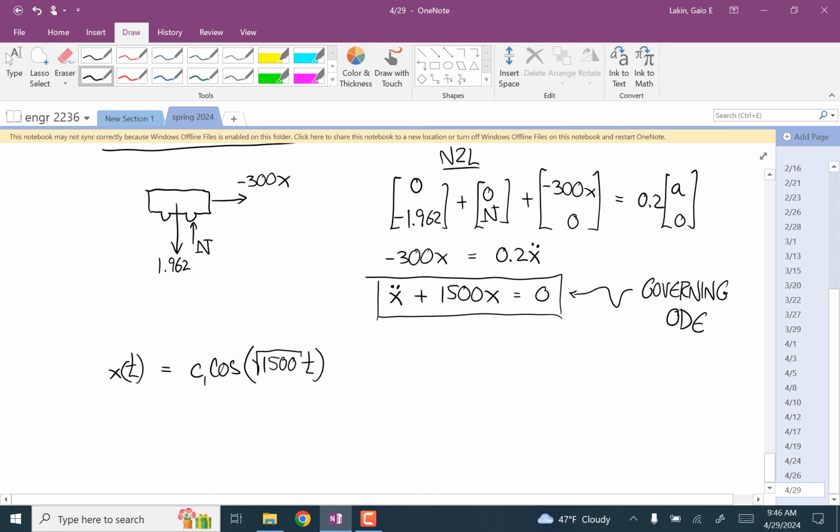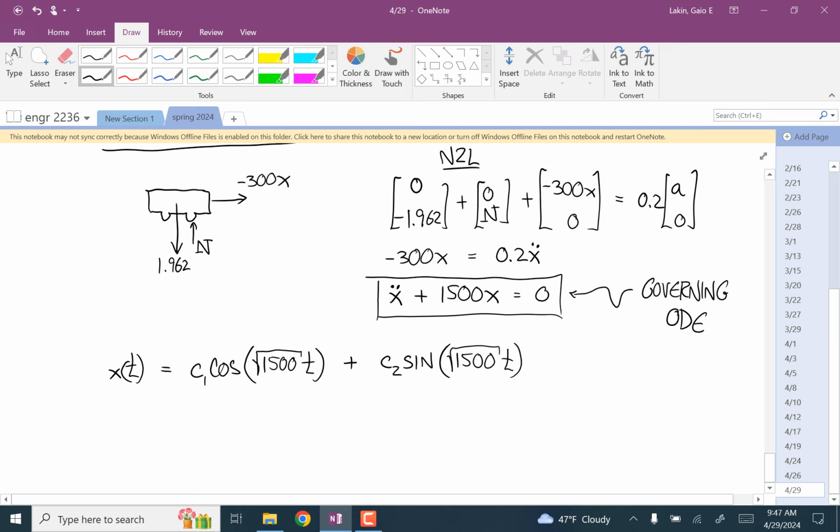So now you can see if you take two derivatives, you end up with negative C1 times 1500 times cosine. And then we'll do the same thing with the sine: C2 times the sine of square root of 1500 times t.